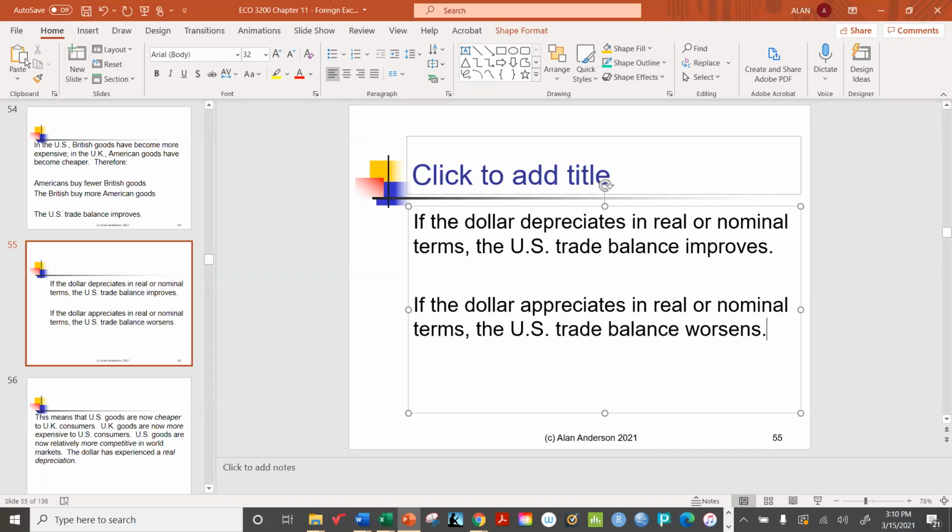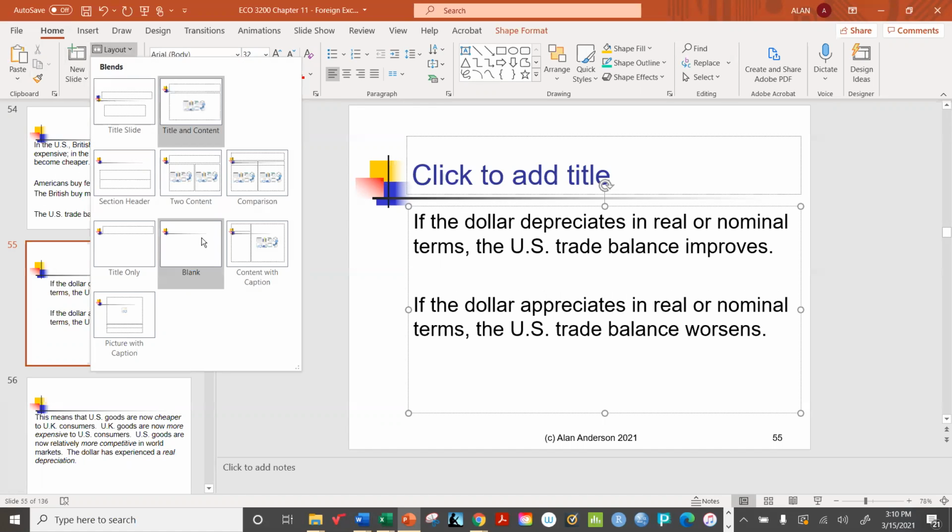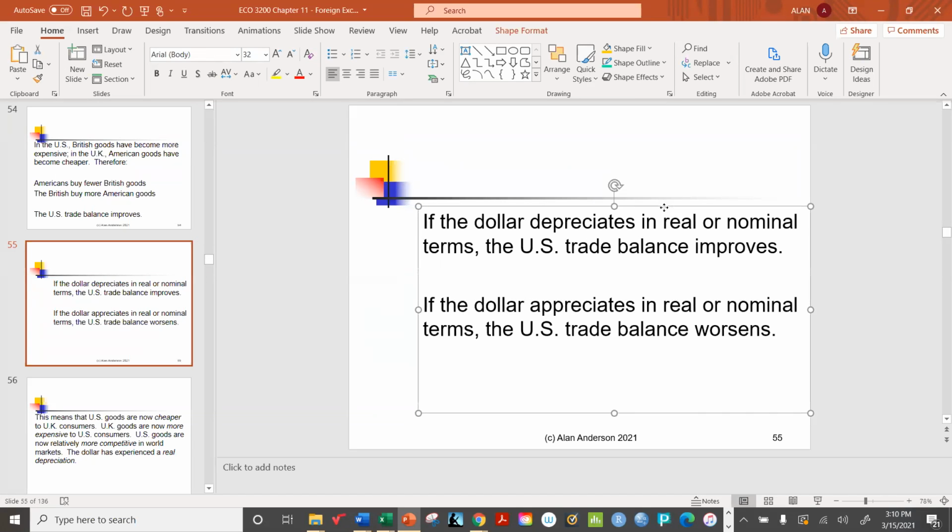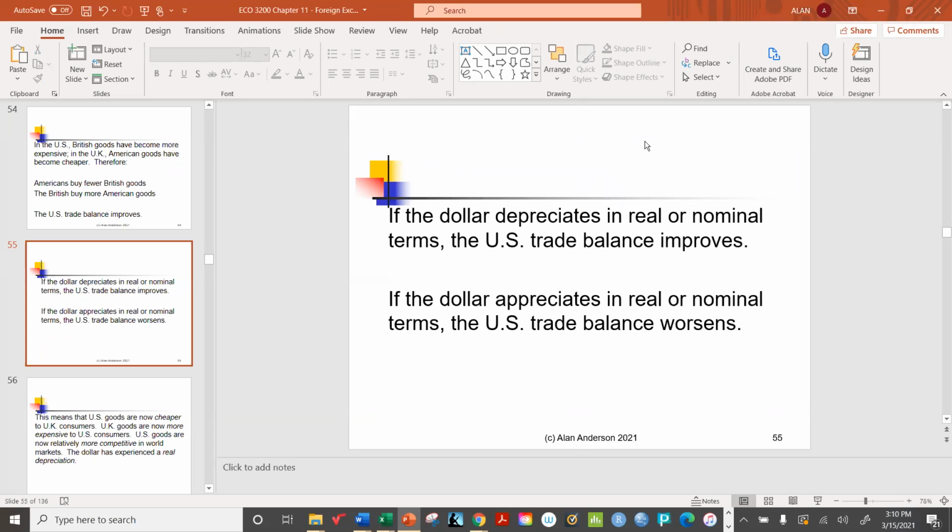So in other words, in that respect, what we're doing here is no different than what we did with nominal exchange rates. A depreciation means that our goods will sell better abroad and we'll buy fewer foreign goods, so the trade balance actually improves. If the dollar gets stronger in either real or nominal terms, the US trade balance actually gets worse.